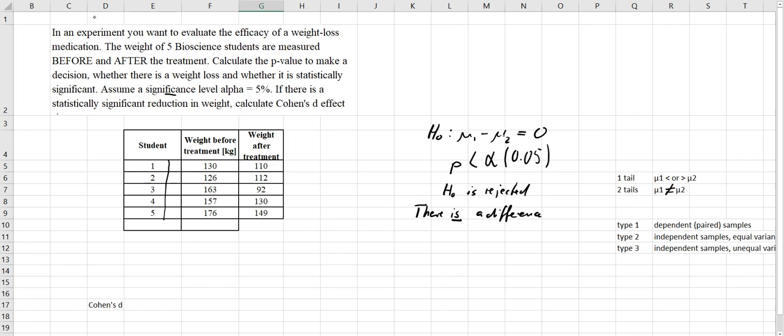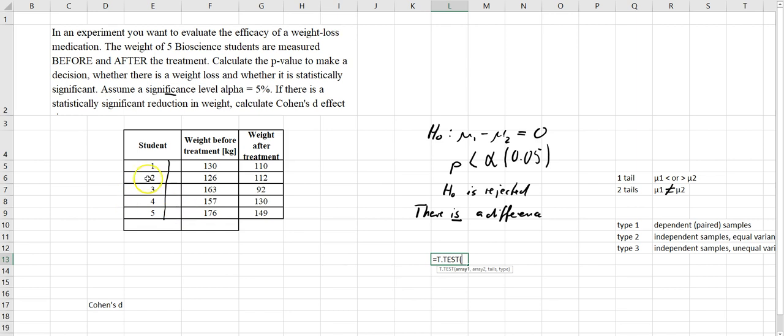And so what we can use for this is a paired t-test, and we can very easily do that. Excel has a pre-built function for t-tests. So all we need to do is start typing equals t-test, and here we come up with this predefined function.